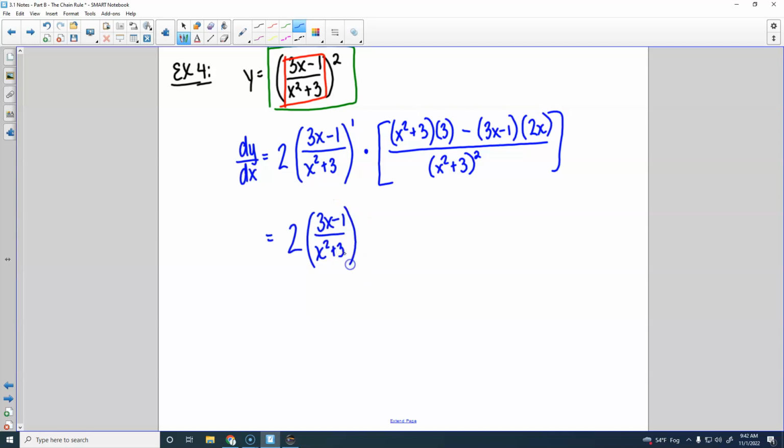I'm just going to leave that stuff out there for right now. We could distribute. So we got 3x squared plus 9. And then we'll distribute here. Don't forget that negative, so we'll get minus 6x squared plus 2x over x squared plus 3 squared.